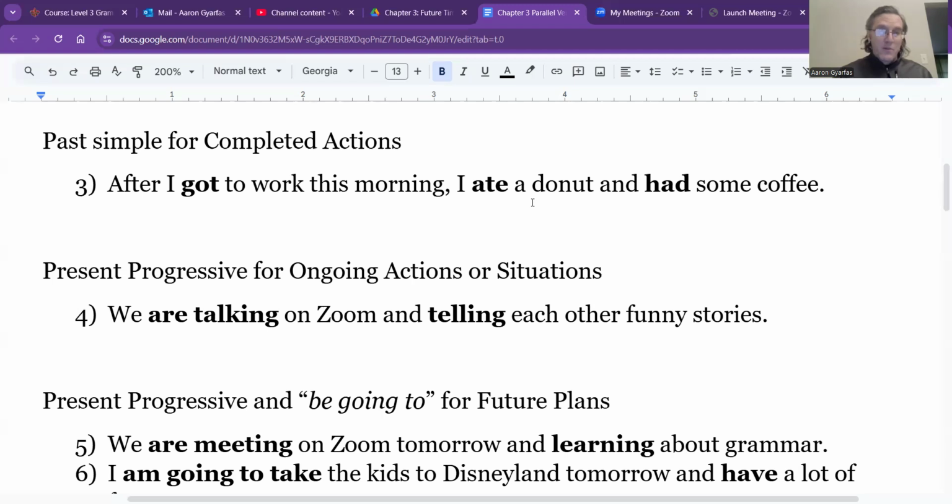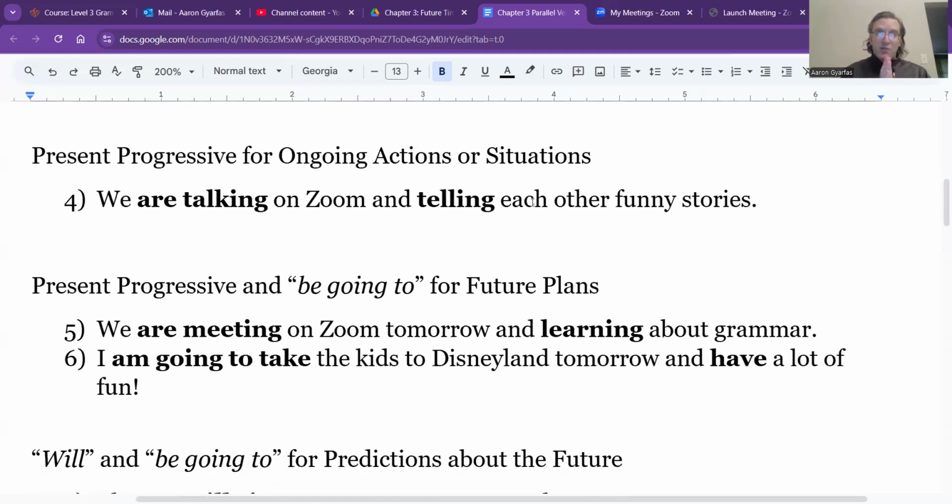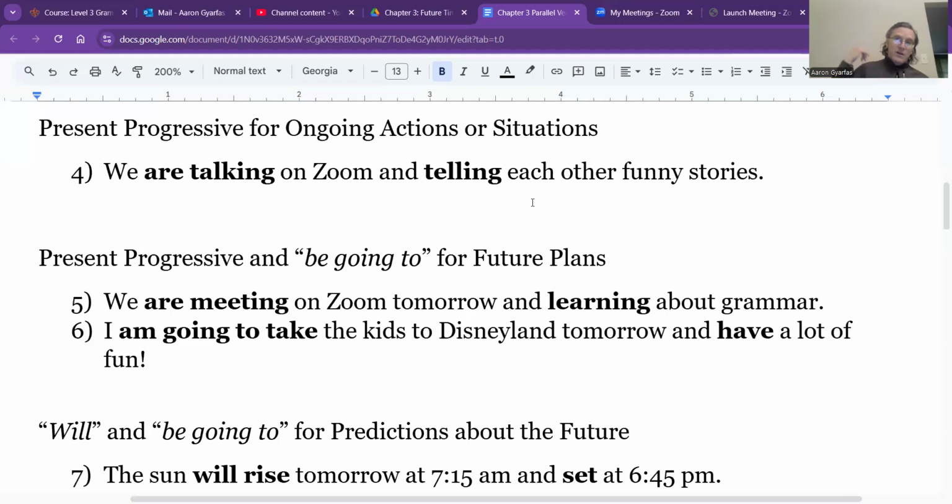If I'm using present progressive or the construction be going to for future plans, the same thing happens here. Present progressive or be going to both use a be verb. So I need am, is, are, and then an ing form of the verb, or you would have going to, going, also ing form.